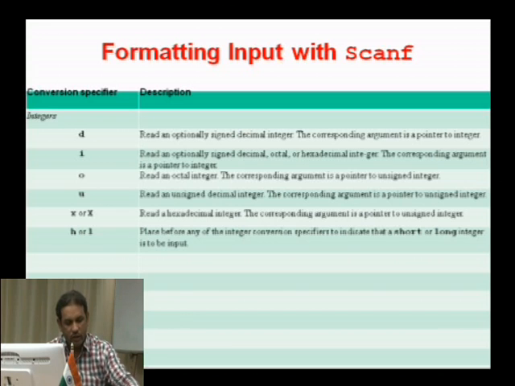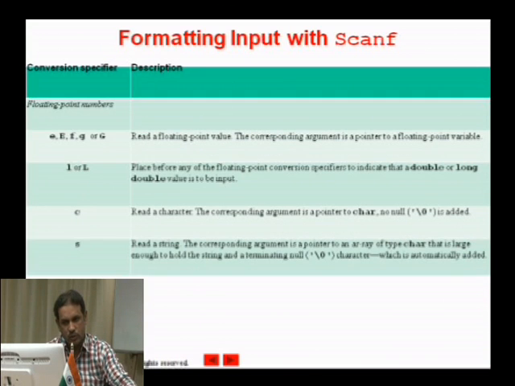Whatever you used in the printf function can be used here also. Similarly for floating point numbers, %e is exponential, %f is float, %g or %G is floating point, and l or L is long float or double. Whenever you want to use double, you should use %lf.